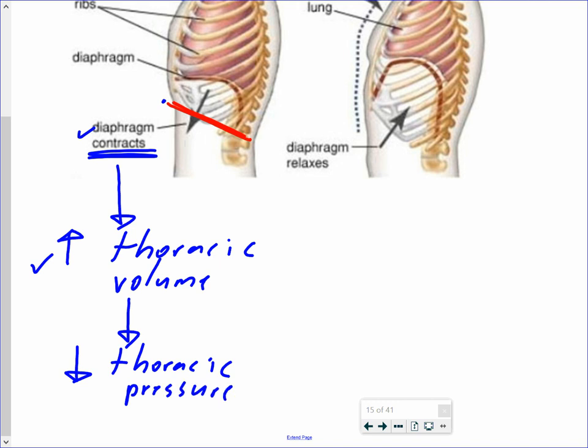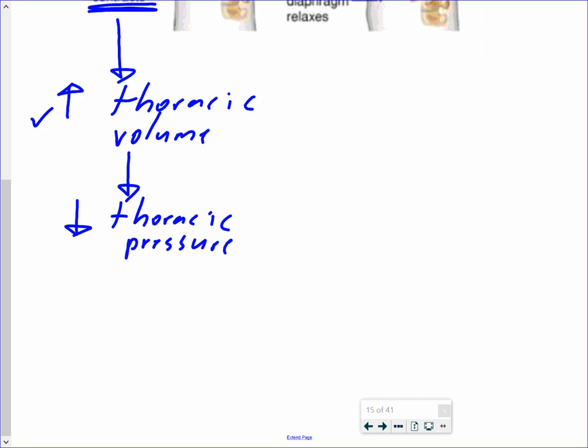Now we have lower pressure inside of the thoracic cavity, inside of the lungs, than the pressure outside of the body. When that happens, air is drawn in, and that of course is the process of inhalation.